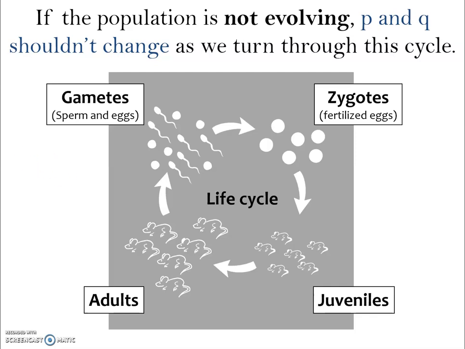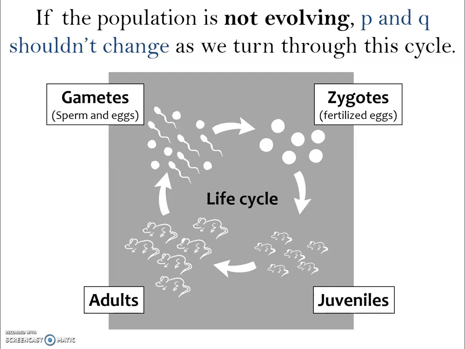All right, when we left off, we were talking about the life cycle of a population, and we'd also established the idea of a gene pool. And one of the last things I told you was that we refer to the frequencies of our two alleles using the terms P and Q. We call P the frequency of the dominant allele, so like in lab, the red beads, and Q is the frequency of the recessive allele, so in lab, those were the white beads.